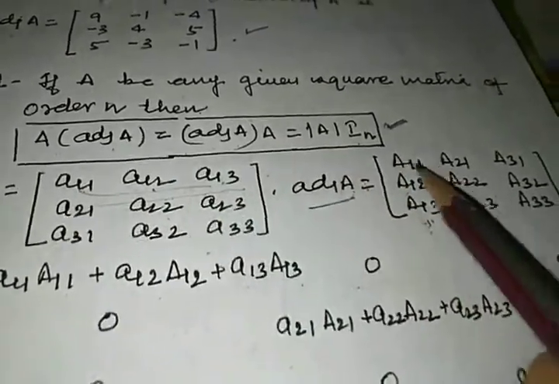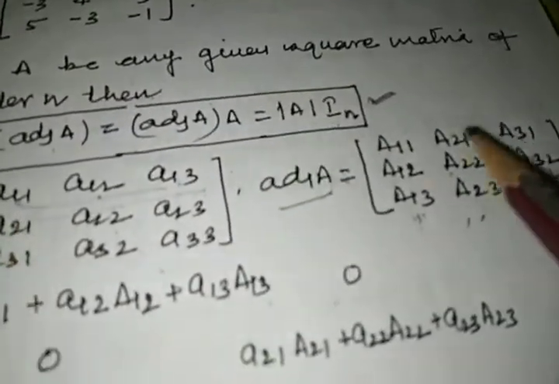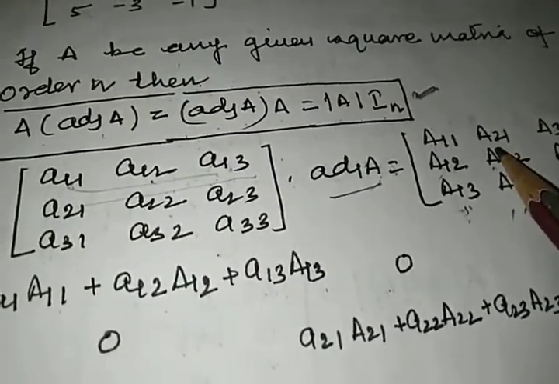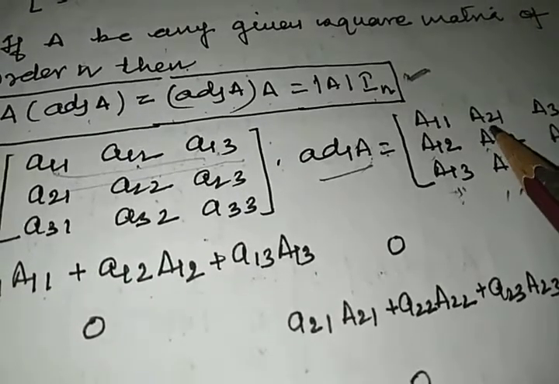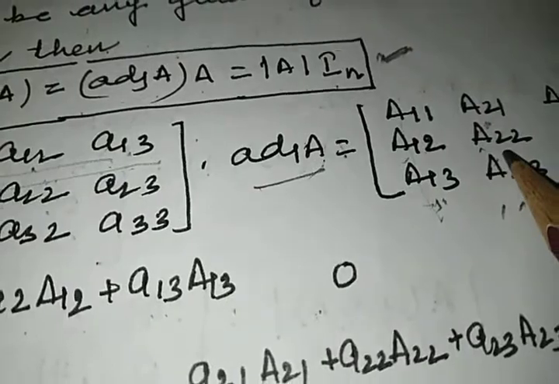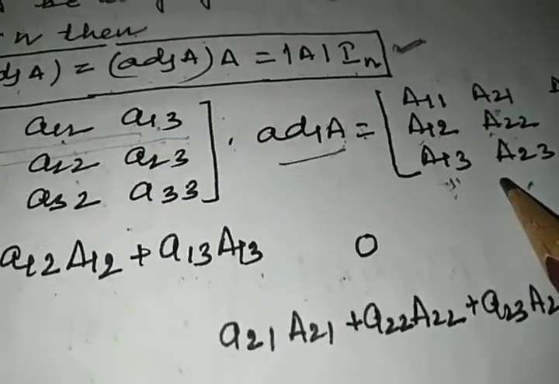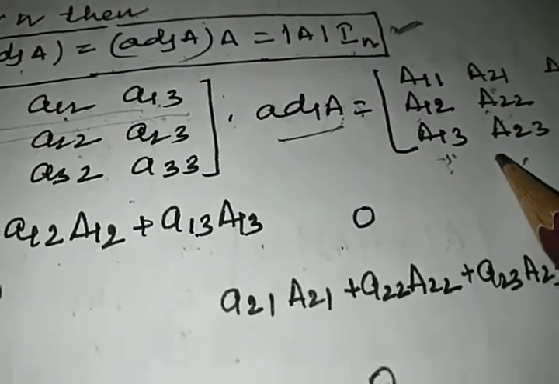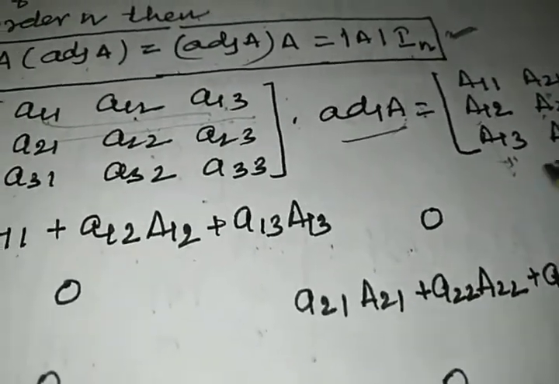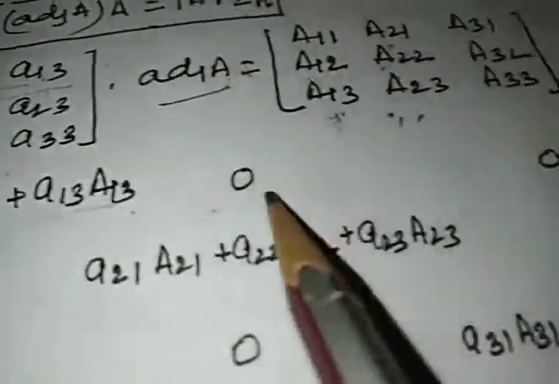But first row, second column will give you something different. That is A11 A21, the cofactor of the second row, A12 A22, cofactor of the second row, A13 A23. So this will be 0. So all the different ones will be 0 and the same will be the same. I have written here that all the different ones are equal to 0, which I have also given in the homework.